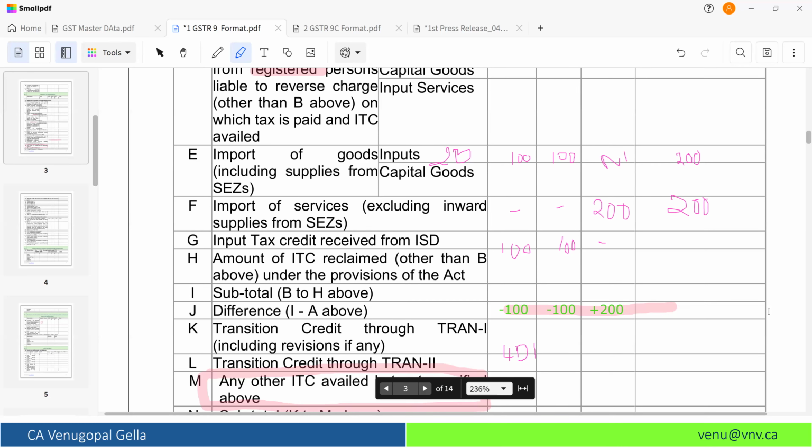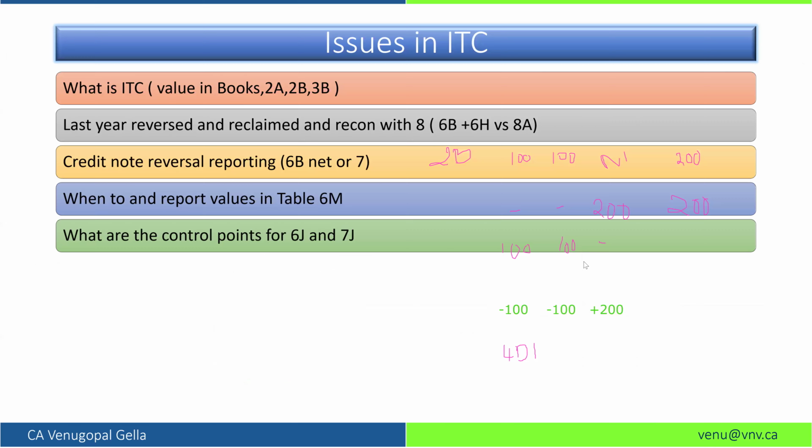Between the heads, if you have any value, according to me, it is okay. But the validation check that you should have for your 6J is 6J should be always 0. Edge cases, the reversal was higher than the credit, which would have gone to 9 payable and paid. Those are the things I will come to later, but I've already discussed. But otherwise, in a normal course, 6J should be 0 and 7J should be matching with your 9 paid and the closing balance.